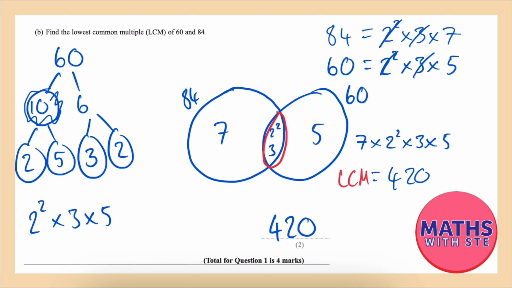If you wanted to find the highest common factor, all you would do is go 2 to the power of 2 times 3. 2 to the power of 2 is obviously 4, and 4 times 3 equals 12. So the highest common factor of those two numbers is 12. Obviously that didn't come up in this question, but it's good to know because whenever you're doing this topic, that question can easily come up.